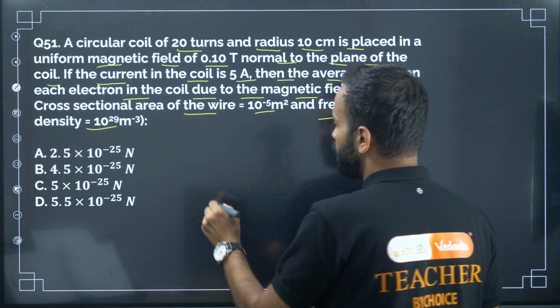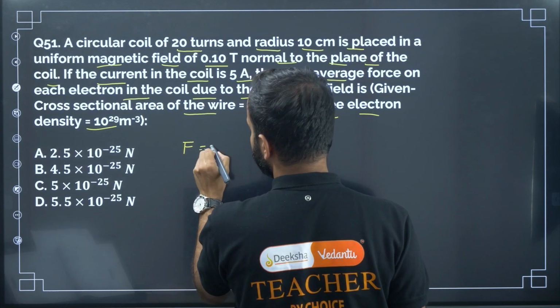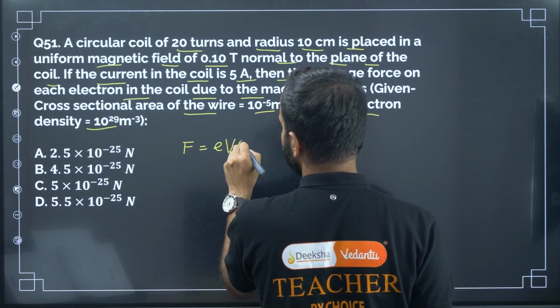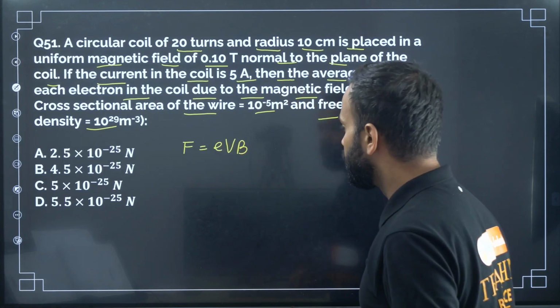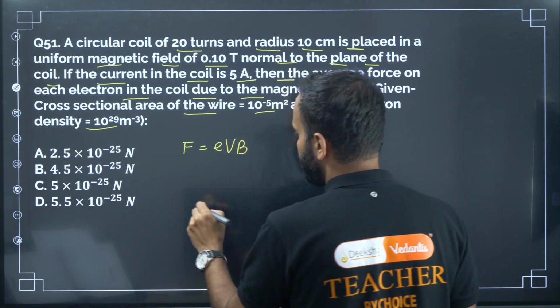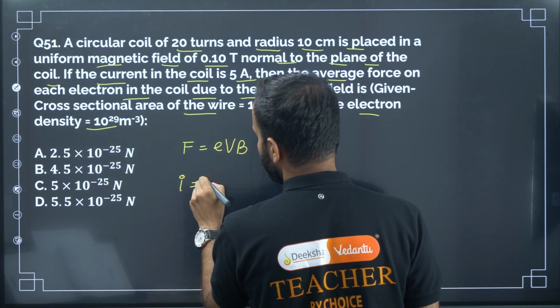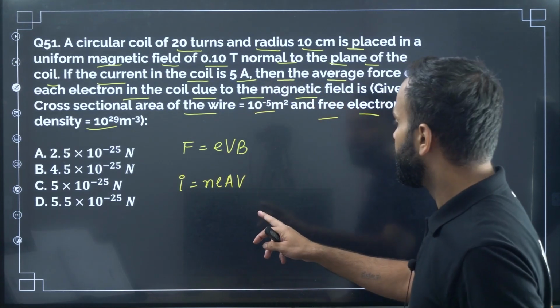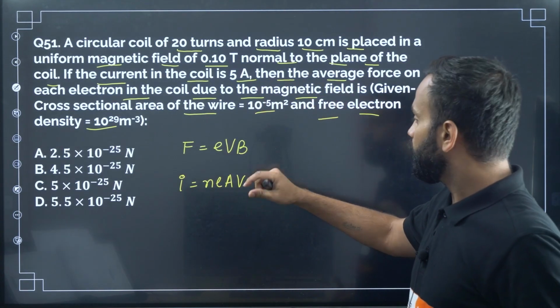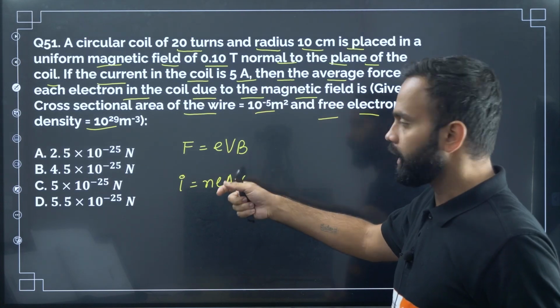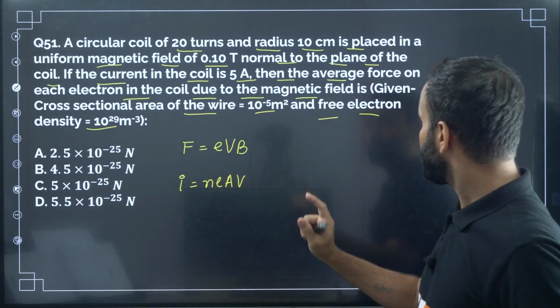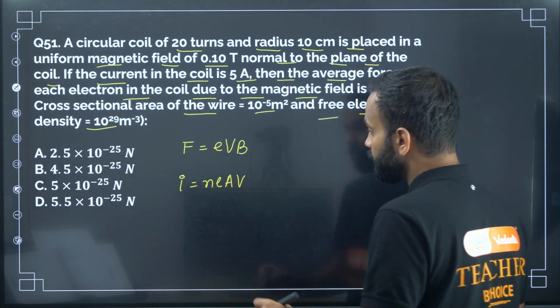Okay, so we know that average force or the force exerting on the electron due to magnetic field is E into V into B. V is drift velocity of the electron. Okay, so we know that the current I equal to NEAV, right? V is drift velocity of the electron, A is area of cross section of the wire, E is charge of the electron, N is free electron density, right?